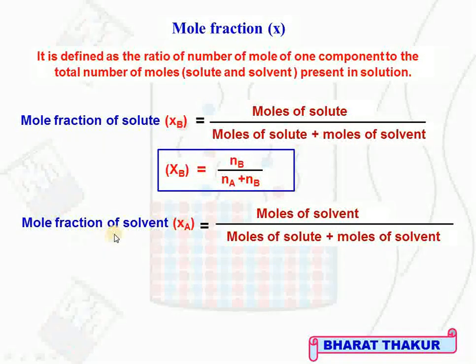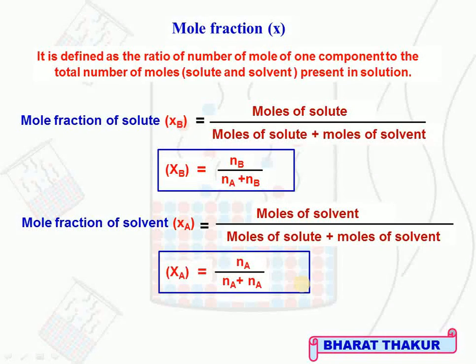Similarly, when we have to calculate the mole fraction of solvent, the moles of solvent must be taken in the numerator and in the denominator again comes the total number of moles of solute plus solvent. The formula of mole fraction of solvent XA is equal to nA divided by nA plus nB. So it's important to learn how the mole fraction of solute and mole fraction of solvent can be calculated, because in our numericals related to this chapter that can be important for us.